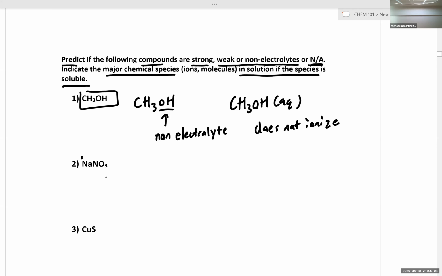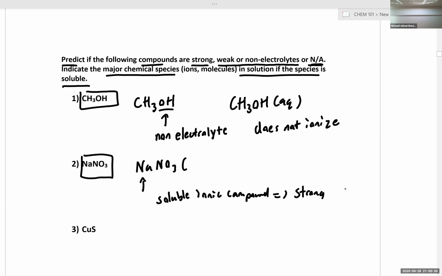I'll do one more, sodium nitrate. I see it's a sodium salt, so immediately I know it's a soluble ionic compound. Ergo, it's a strong electrolyte. We'd write this with the aqueous symbol, and it would dissociate to yield Na plus aqueous and NO3 minus aqueous. Strong electrolytes dissociate to yield their component ions.